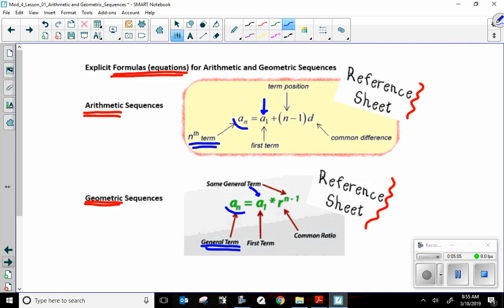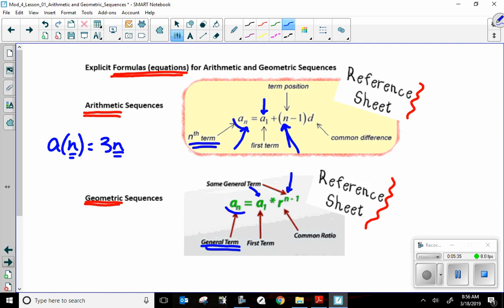Now, what's n? n is just the term position. We are going to leave that variable as n. That will always stay n. See, here's an n here. Now, n is like x. Like if we had a function, a sub n, it would equal something like 3. And this is the variable I use, isn't it? So if I'm using my n variable, I need to have an n in there somewhere. That n will always be n.